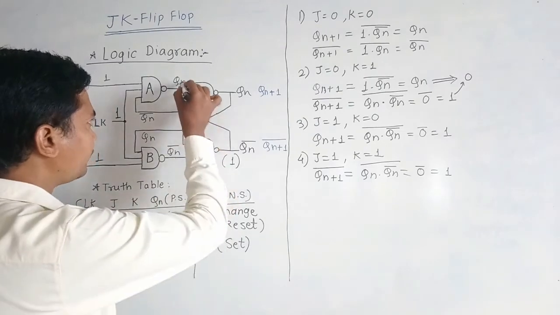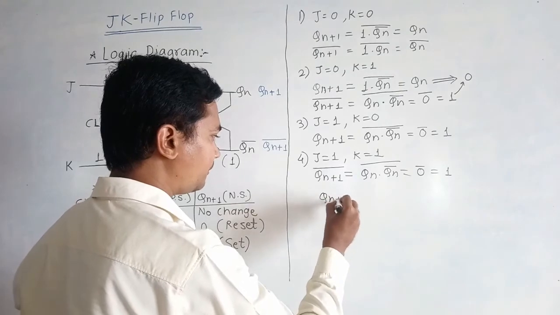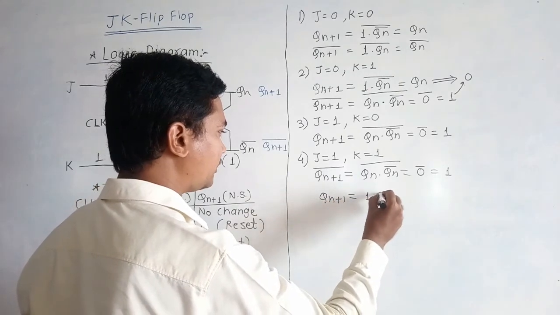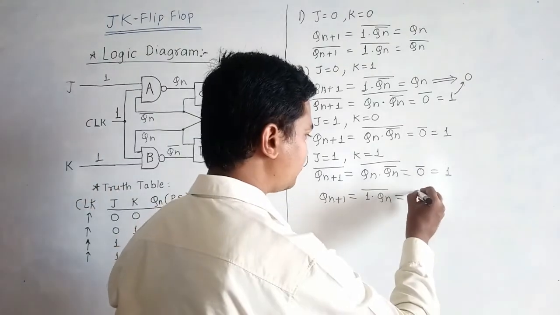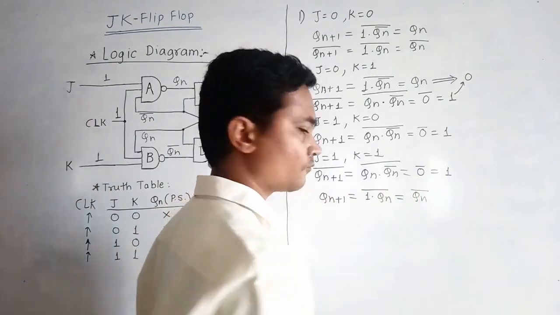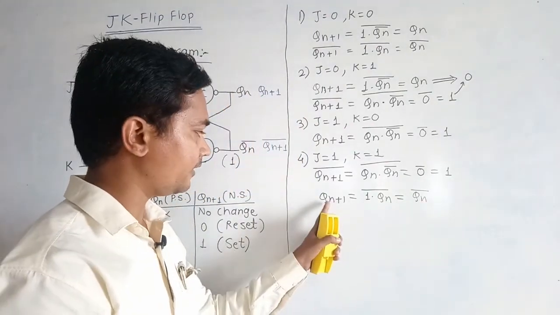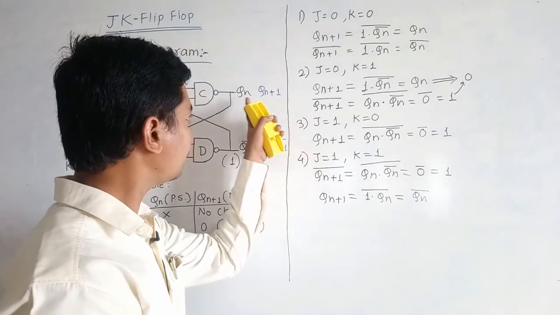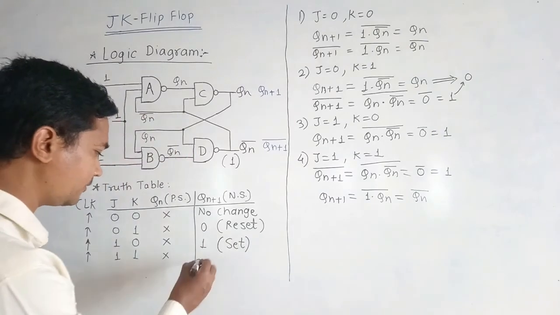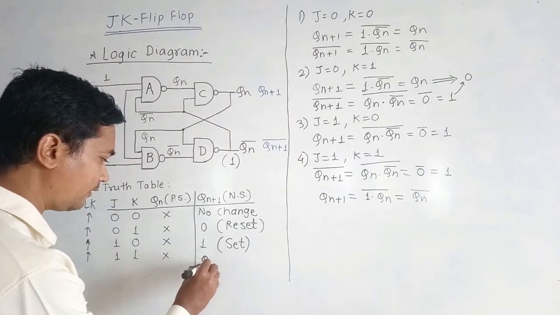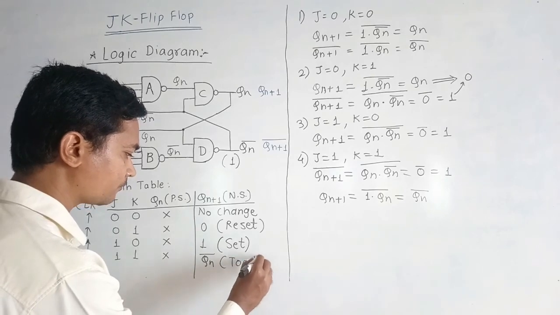So Qn plus 1 will be 1 dot Qn, whole bar, that is Qn bar. From this expression we can say that the next state of Qn will be Qn bar, that means toggle.